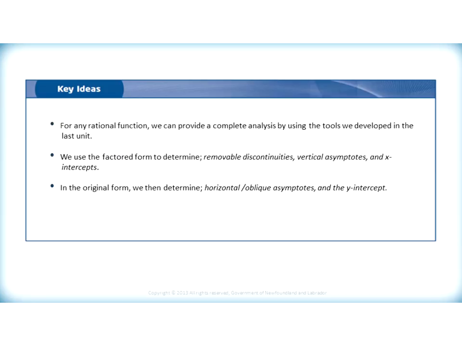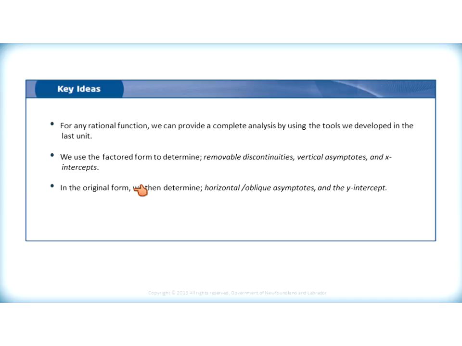So things we've seen. For any rational function, we provide a complete analysis by using all the tools that we developed in the last unit about limits, continuity, asymptotes, all that good business. And we use the factored form, and we use the original form. So we use two different forms of our rational equation to give us all the information.